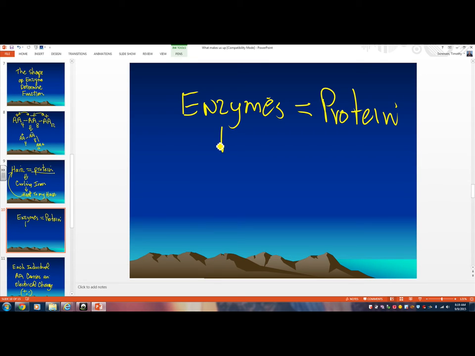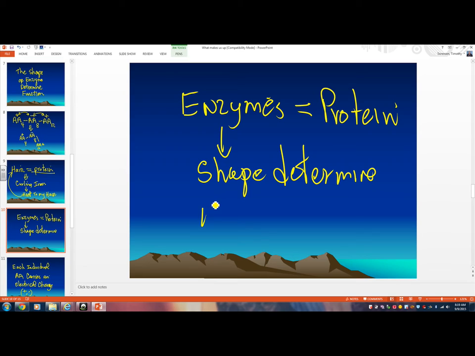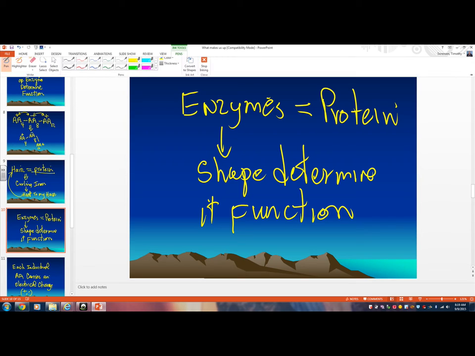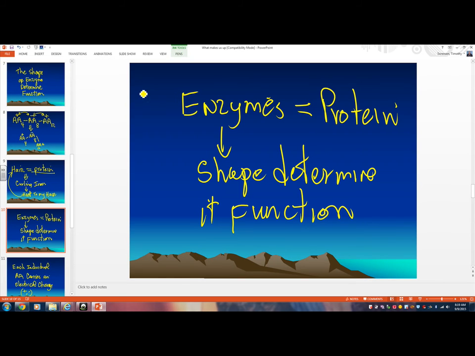What's important about that protein? The shape determines its function. What do you want to do? You want to function optimally. So watch it. At what body temperature do the enzymes of your cells work optimally? Work the best? Uh-oh.